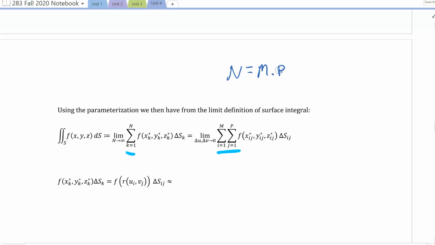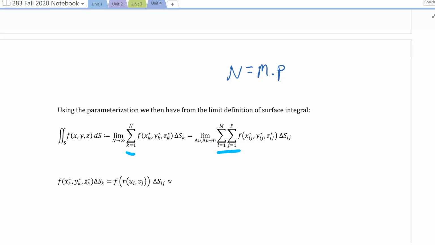So with the number of partition points on the u-axis and the v-axis, we're going to have M times P rectangles in the UV plane. It's just a total number, but it's more indicative of the integral we're going to end up with if we think about it as a double sum by letting i sum up and letting j sum up. That'll give us the total number of subrectangles and therefore the total number of surface patches.